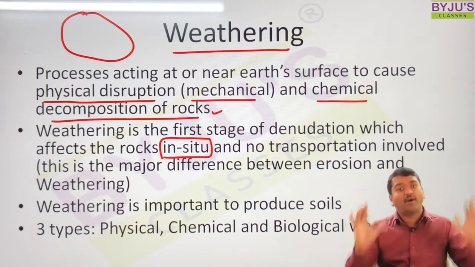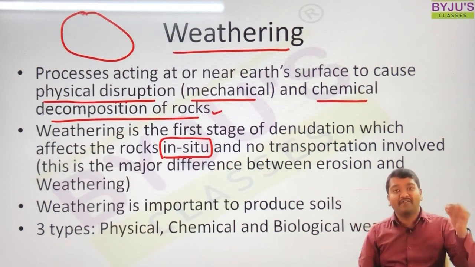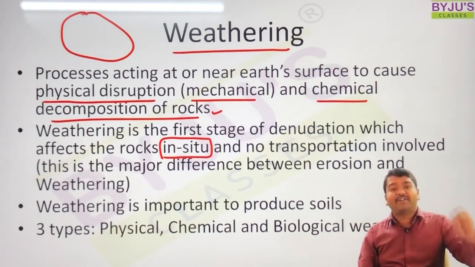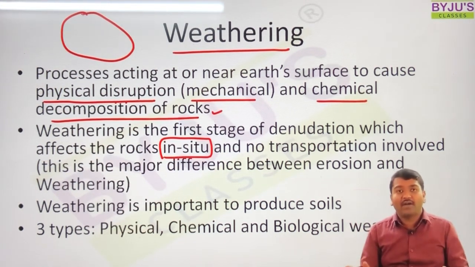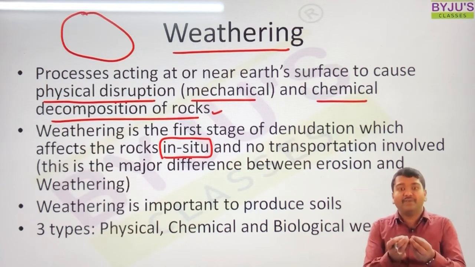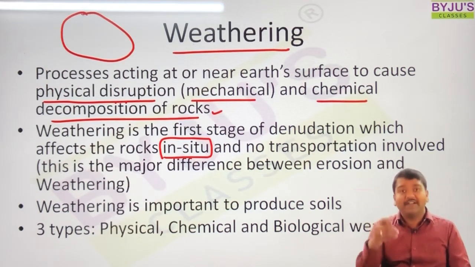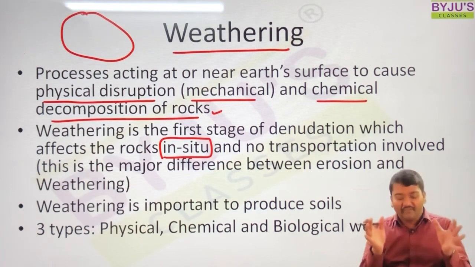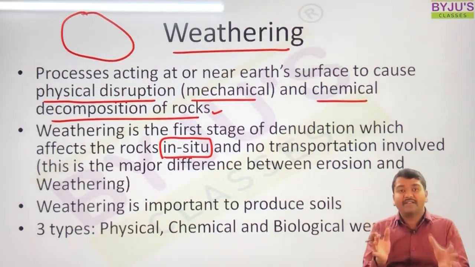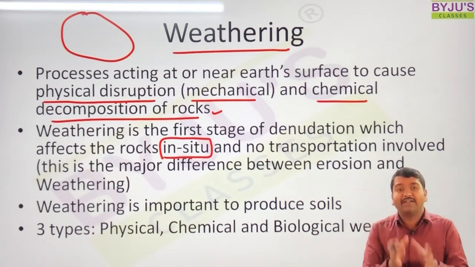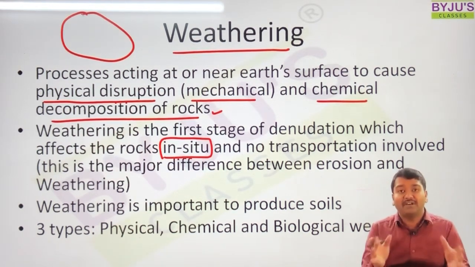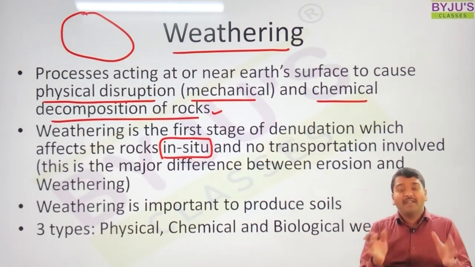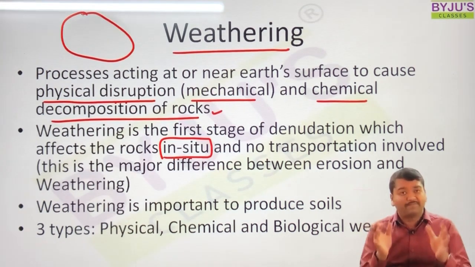Say you have a rock and it is left for hundreds of years, and after that if you go and see, that rock will be degraded into small pieces, and in turn this will be eroded into small ones. So weathering is where there is physical or mechanical disruption or chemical decomposition of the rock in the place where it is present.